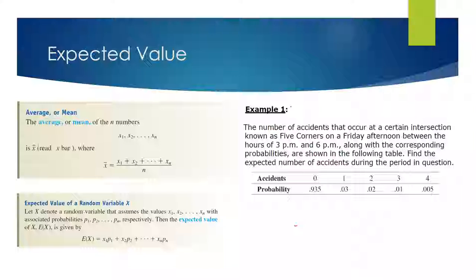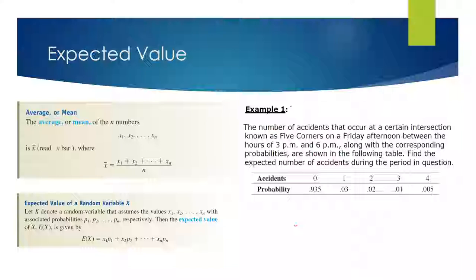About 0.935, or 93.5%, of the time there are no accidents. 3% of the time, there's one accident during that time frame. 2% of the time I have 2 accidents. At 1% there are 3 accidents during that 3 p.m. to 6 p.m. interval, and of course 4 has about a 0.5 of a percentage point chance of there being 4 accidents.